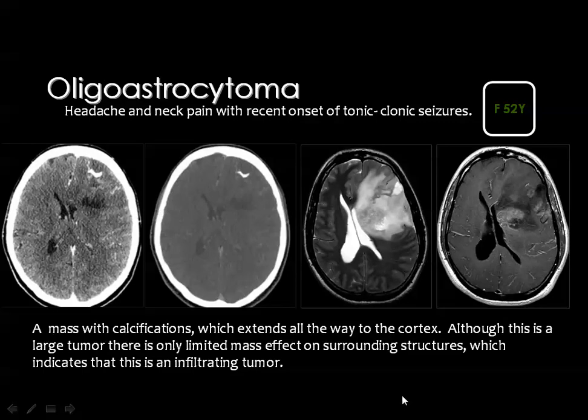Then oligoastrocytoma is a mixture of tumors, oligodendroglioma and another form of astrocytoma previously mentioned. And according to the second part of the tumor, which is the astrocytoma, the tumor will appear. And if you see a tumor like this with calcium inside, you think of oligodendroglioma. But whenever you see that the tumor is sizable, is surrounded by evident perifocal brain edema, exerting a significant mass effect, this is not the rule for oligodendroglioma.